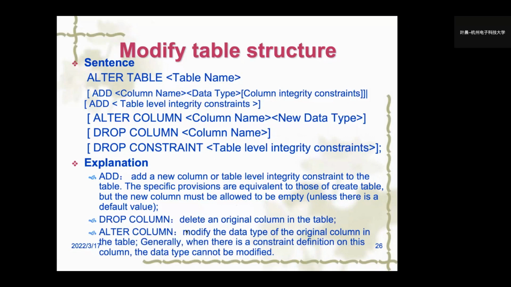Generally, when there is a constraint definition on this column, the data type cannot be modified. And also for the drop constraint, it is used to delete the original table level constraints.